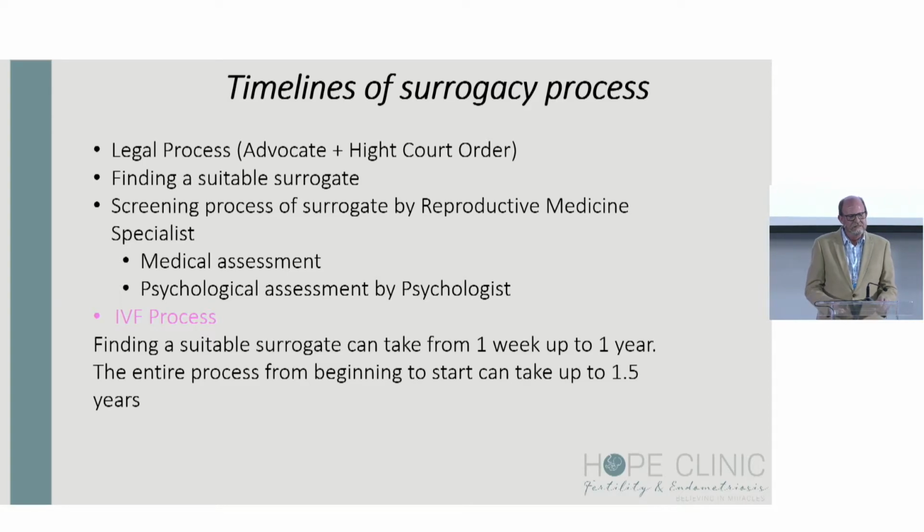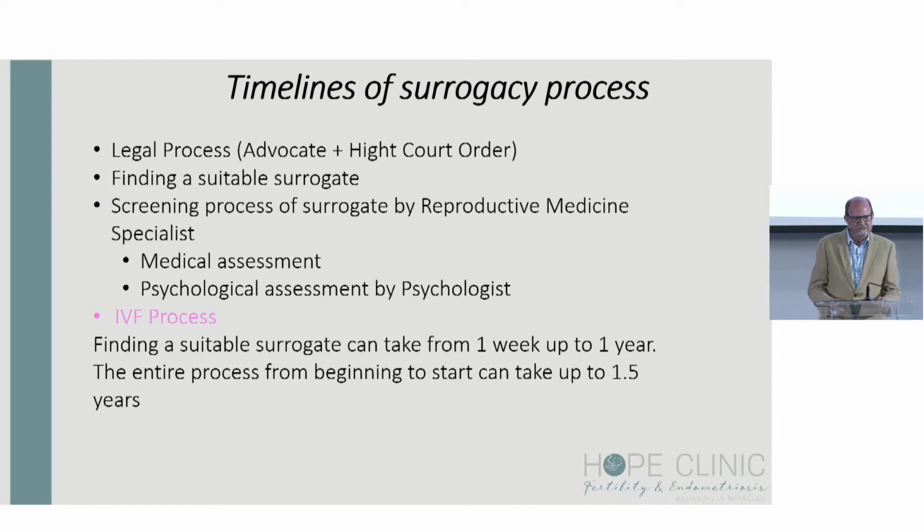The other thing is the timeline to get a surrogate. Sometimes you are lucky, you can get a surrogate within a week. And these surrogates could be a family member. So that's the easiest, but to get a surrogate sometimes takes a long time.